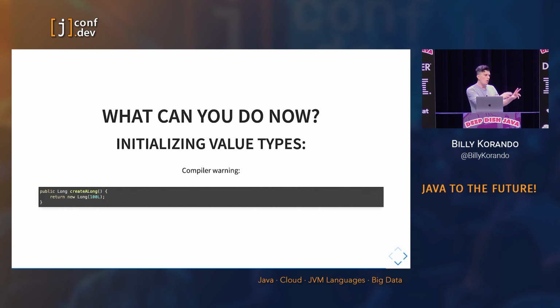And the reason why is because with a Long, a value of 100 would be the exact same thing as any other instance of that. So it doesn't make sense to allow the creation of a new instance of what would essentially be an identical copy. That's why identity doesn't make sense for something like a long. And of course, the same applies to Locale. There would only be one instance of English-speaking United States.